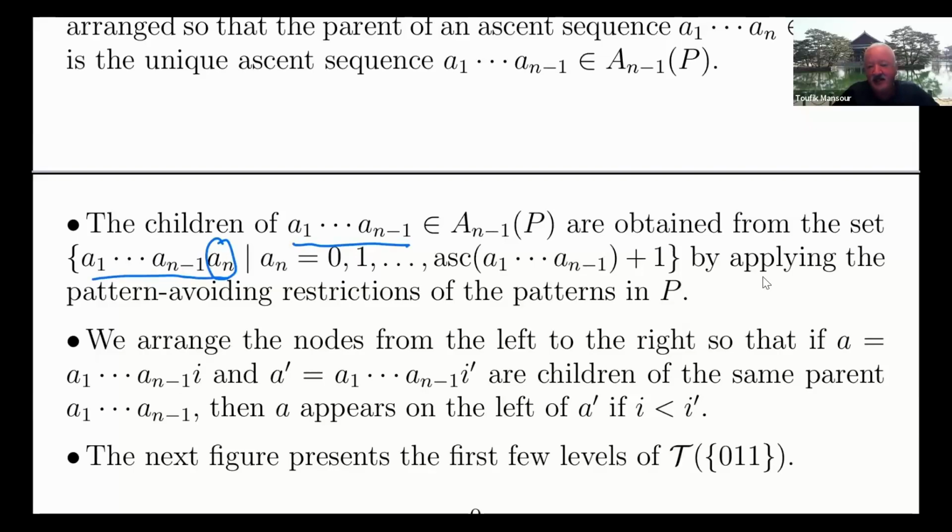To make the tree ordered, I should make some order between the children. And here it is: we arrange the nodes from left to right so that if A is equal like this and A' is equal like this, and they are children of the same parent, a_1 to a_{n-1}, then A appears on the left of A' if the new letter i is less than the new letter i'.